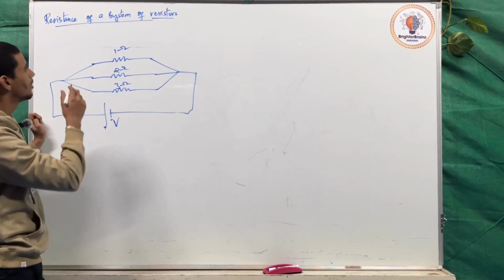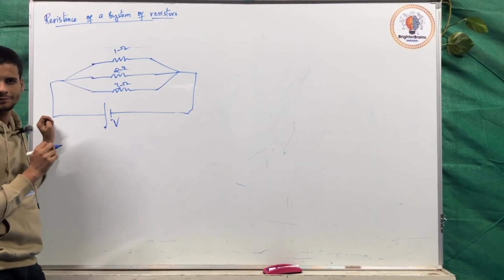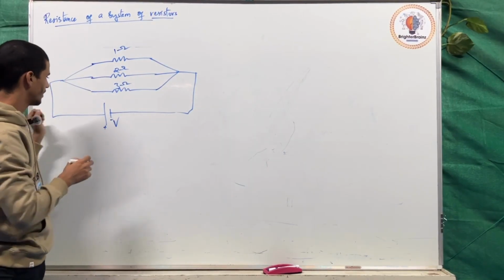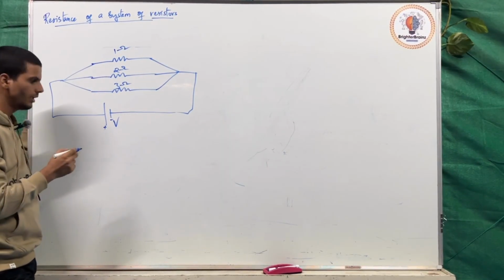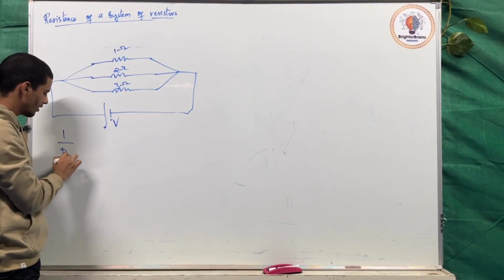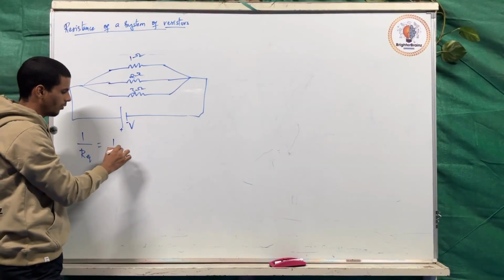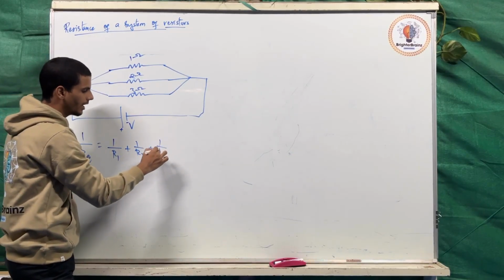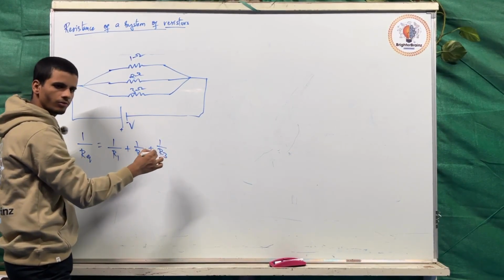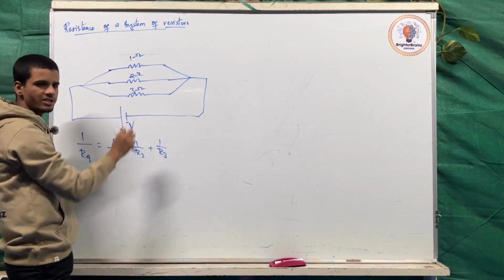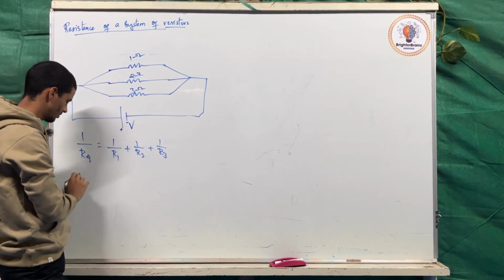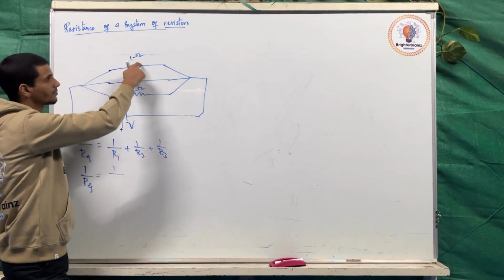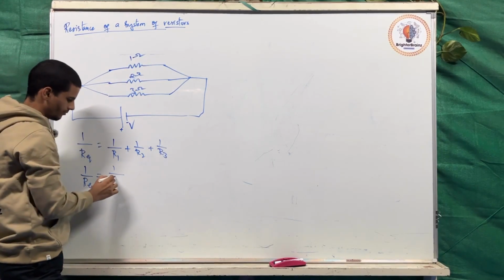Now we need to find the R equivalent value, that is the equivalent resistance of this circuit. If we want to find R equivalent, what is the formula? 1 by R equivalent is equal to 1 by R1 plus 1 by R2 plus 1 by R3. Why do we need so on? Only 3 resistors are there, right? So what is the R1 value? 1 ohm.